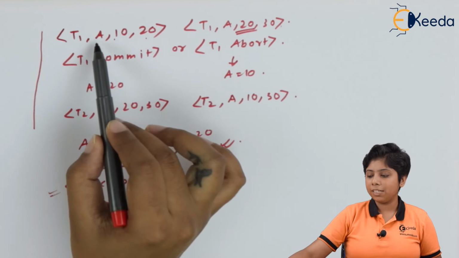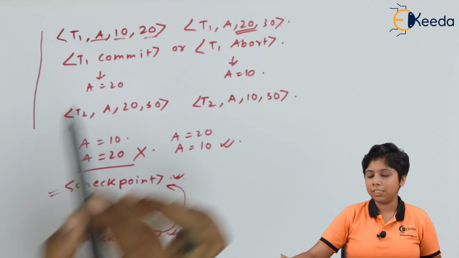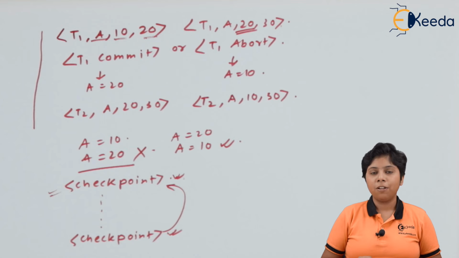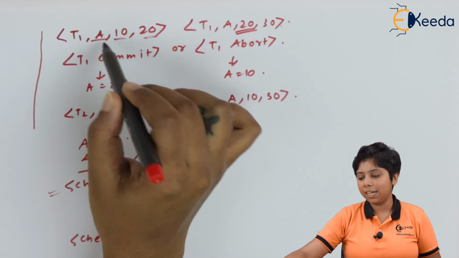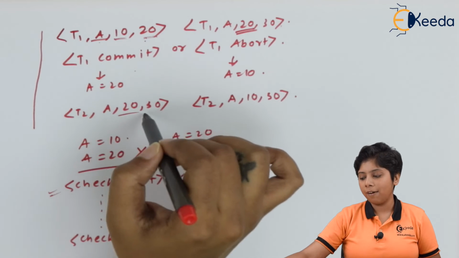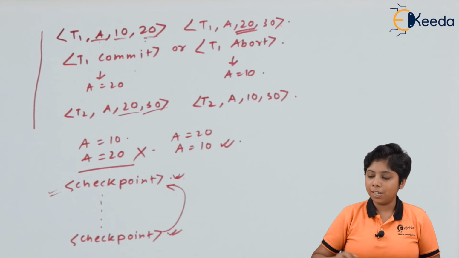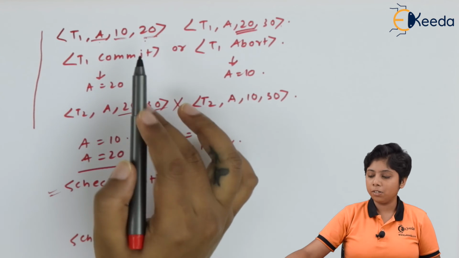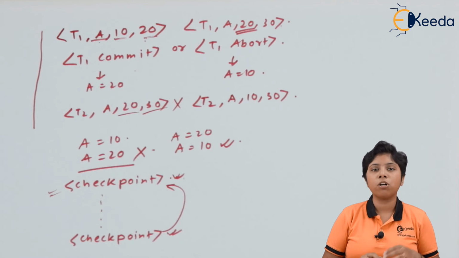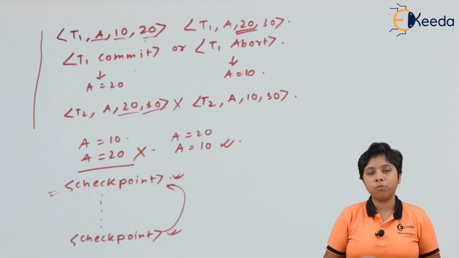So how can we get this update of A from 10 to 20 in this checkpoint? We can handle this with the fuzzy checkpoint, where we can make A 20 so that we can update this transaction from 20 to 30. Otherwise, this would have been a problem because T1 would still have A as 10 if we use a plain checkpoint.